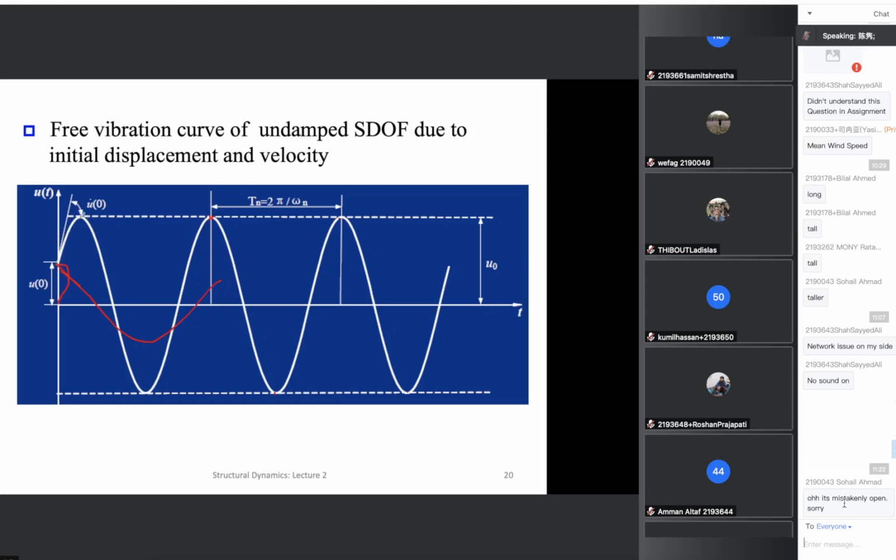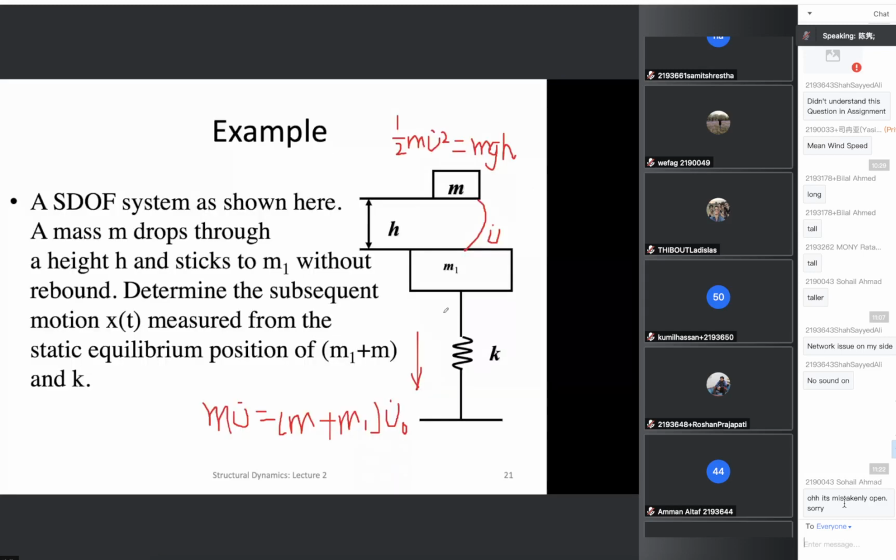So after this point reaches the maximum, they start to vibrate at this period, at this amplitude. And if there's damping, then starting from here it can start to reduce the amplitude. Is this your question?